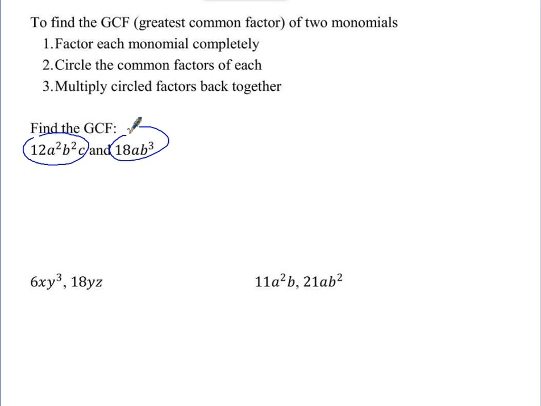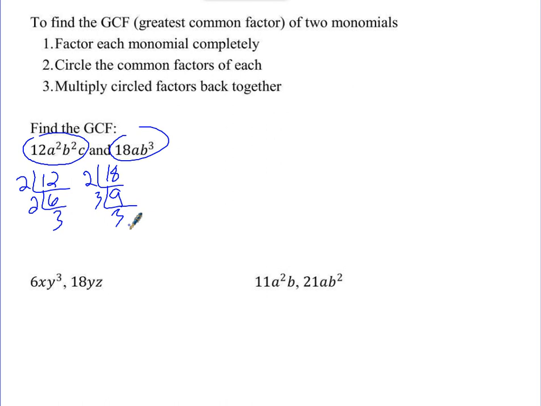So I got to factor 12 completely first. 12, what's my first prime number? 2, and then that becomes 2 and 3. I also got to factor 18 completely. So I'll do that now. What's my first prime number there? 2, and I'm left with 9, and then 3 and 3.